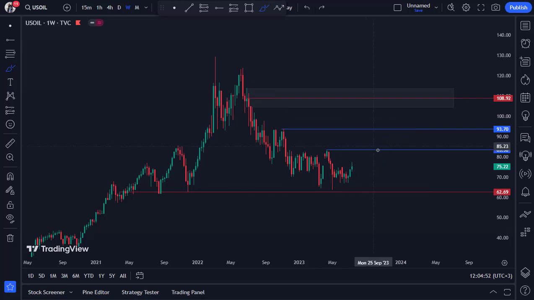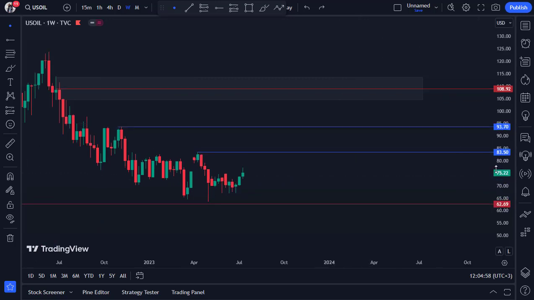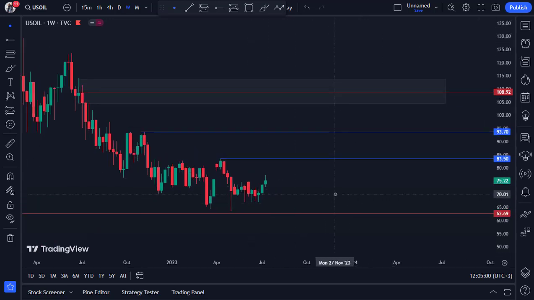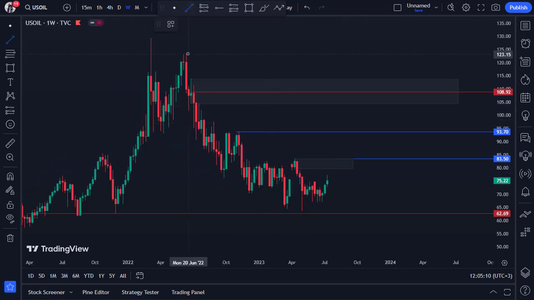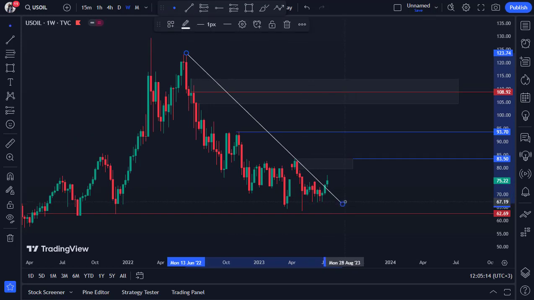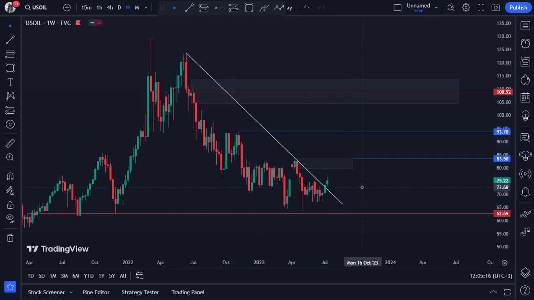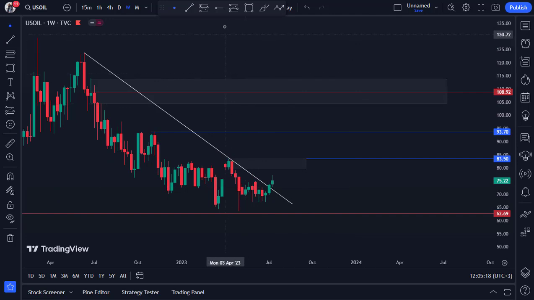Now, assuming that this price is ready to push to the upside, because we never know, the price might come back to this order block right here, then drop to the downside, or we might still continue pushing to the upside. Looking at the overall trend line right here, it has been broken, and the price hasn't come back down below it.